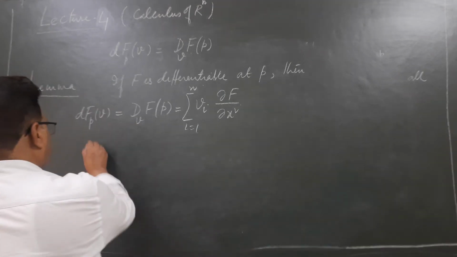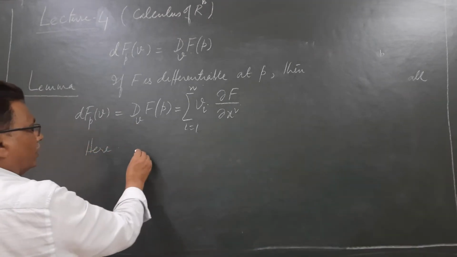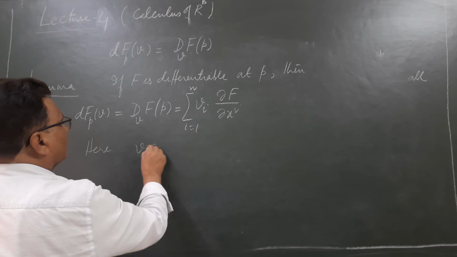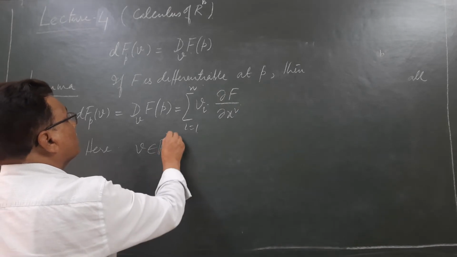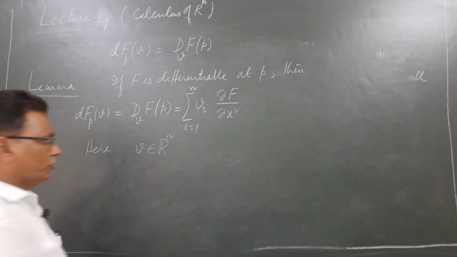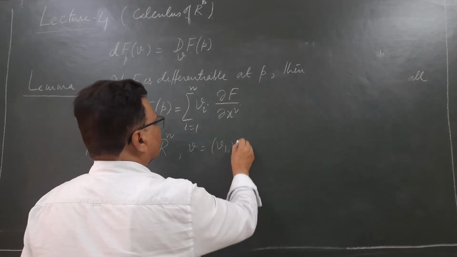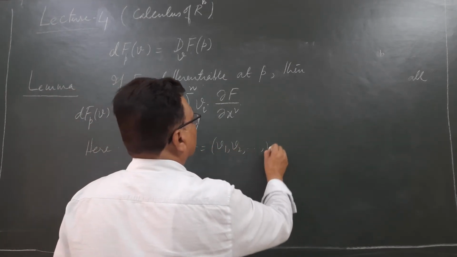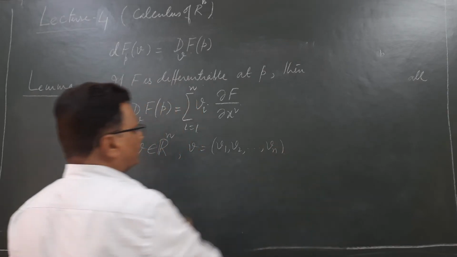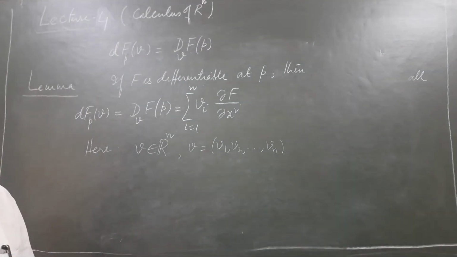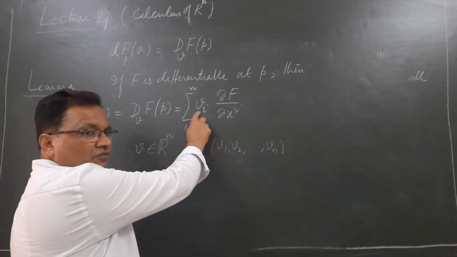Here V is a vector in Rn, okay? So V will be equal to some components, let us say V1, V2, V3, Vn. So these are the components of the vector which I am denoting by Vi.